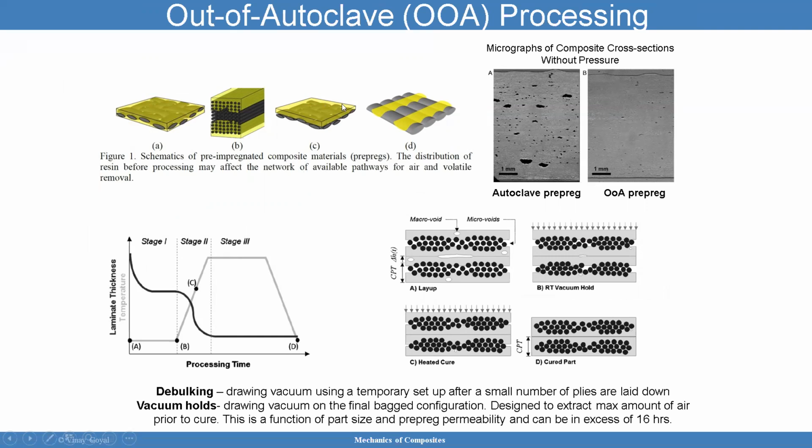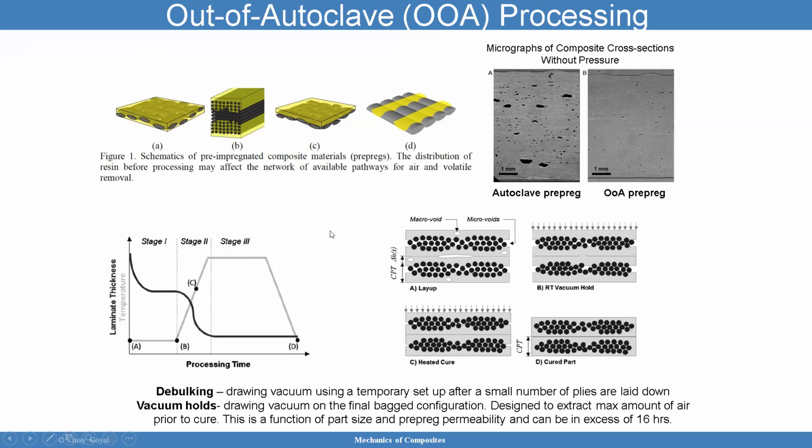And the distribution of resin before processing may affect the network of available pathways for air and volatile removal. So here's your laminate thickness as a function of processing time. And here you can see how as a function of temperature, the laminate thickness as a function of time. And here I'm showing the cure temperature schedule. You can see how the laminate thickness is decreasing over time.